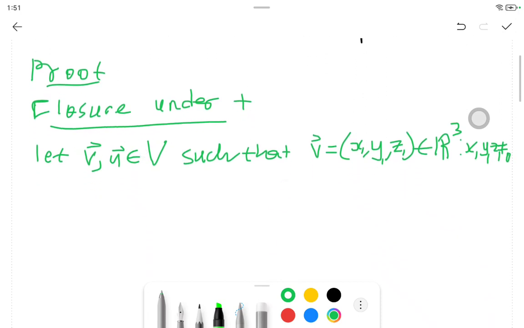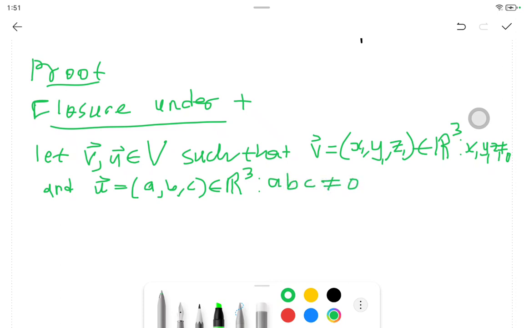And U is equal to (a, b, c), an element of R cubed, such that if I multiply these, I'm not going to get 0.